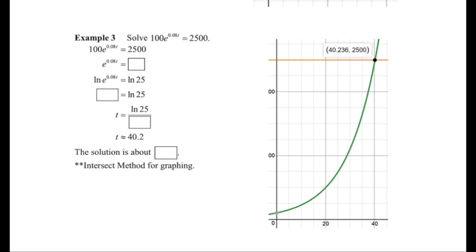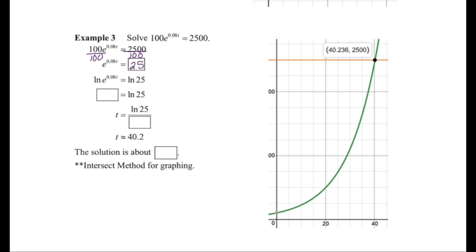Here I have 100 times base e to the power of 0.08t is equal to 2500. The first thing I'm going to do is divide both sides by 100 to simplify a little bit, so that I have e to the power of 0.08t equal to 25.